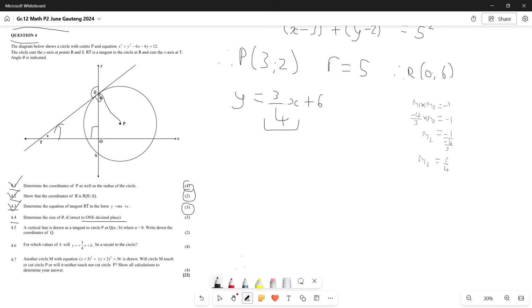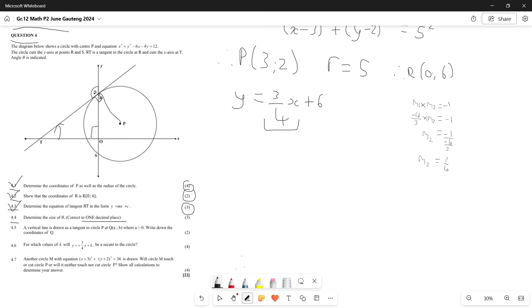What we know about exterior angles of a triangle is that this angle theta will equal the angle of T plus the angle of O, because this plus this equals 180 on a straight line, and T plus O plus R, the inside portion of the triangle, equals 180.